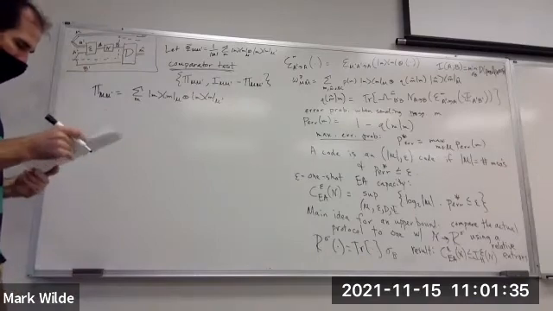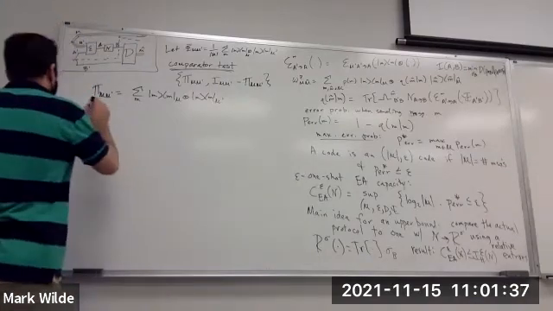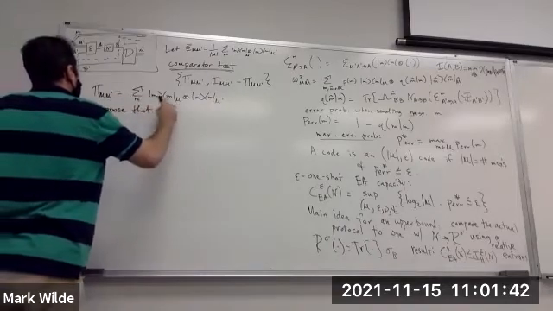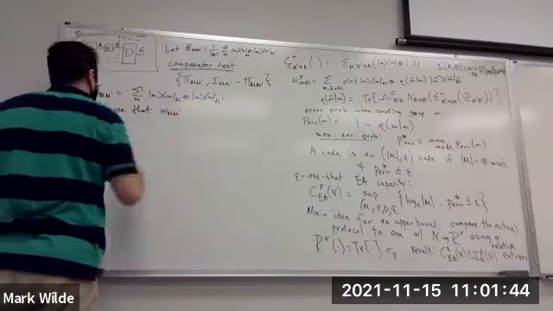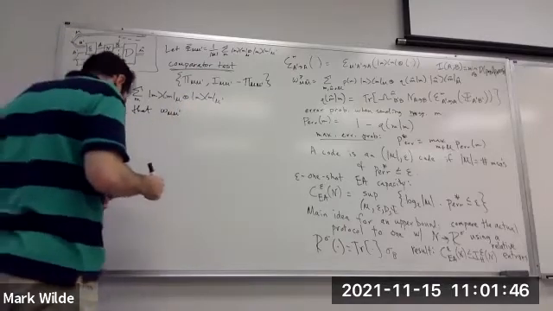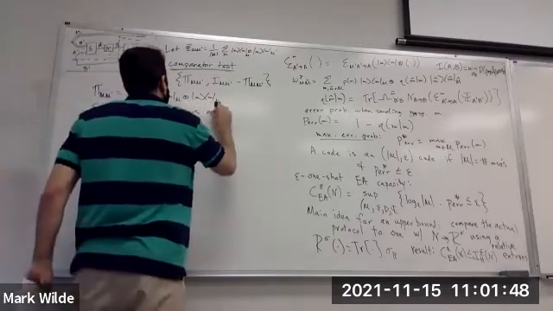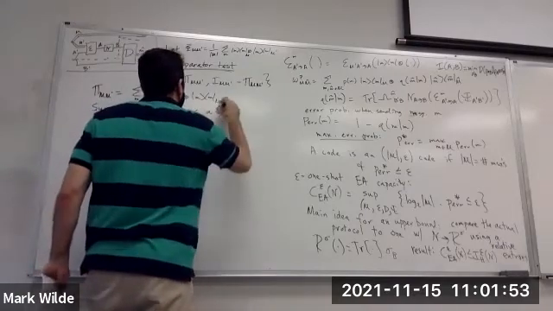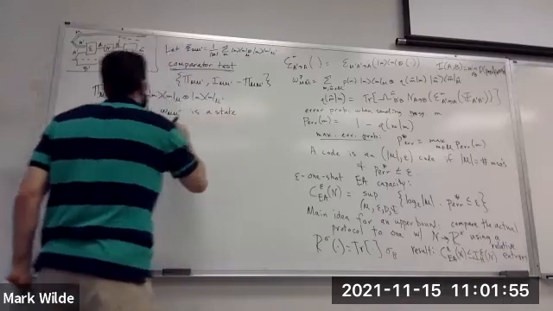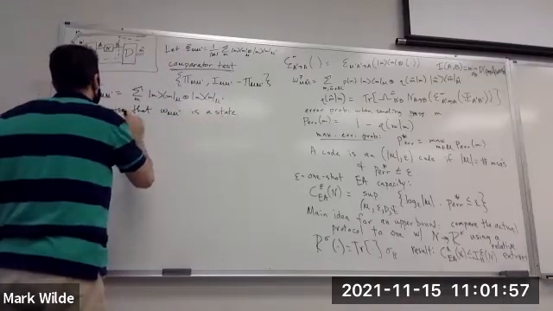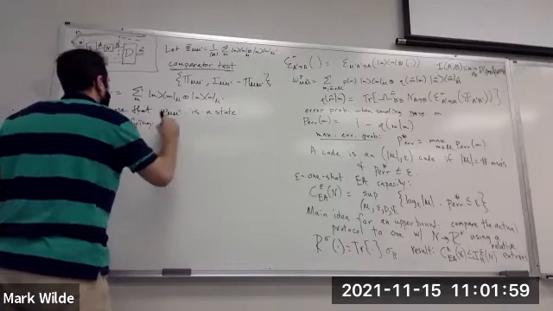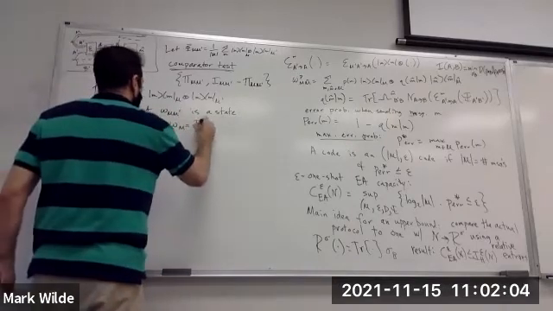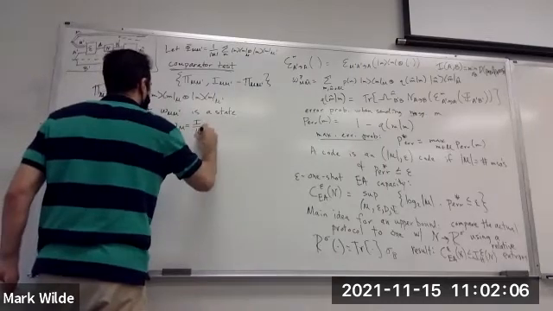Now let's suppose that omega is a state where the marginal on the M system is equal to the maximally mixed state, the uniform state.